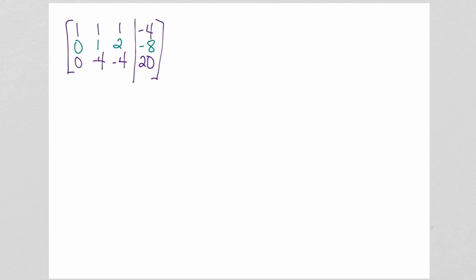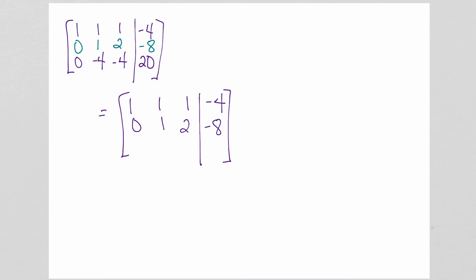Okay, next we need to get a 0 right there. So down here, we're not messing with the first row. We're not messing with the second row. But we need to get a 0 there. Going to go ahead and write things out. Set us up so we're only focusing on one thing.